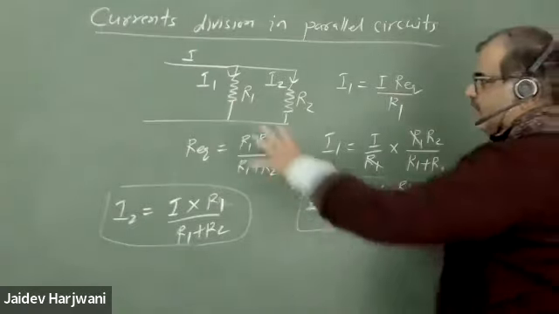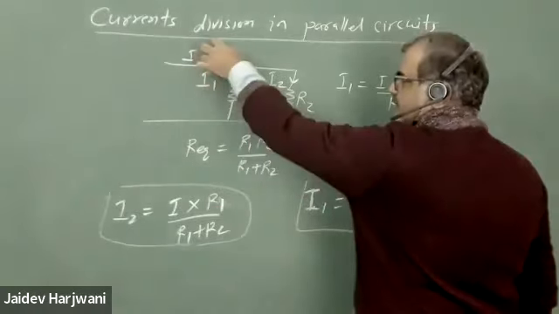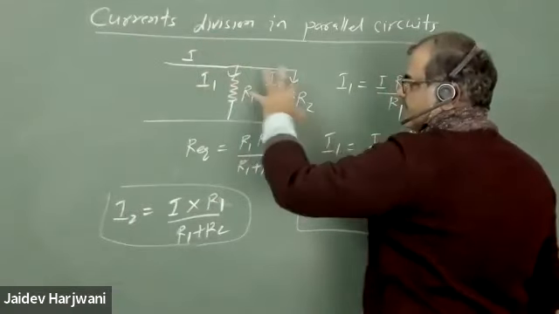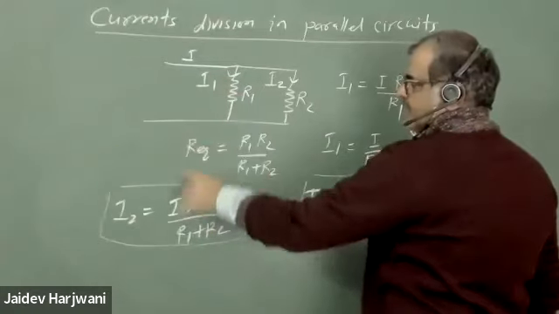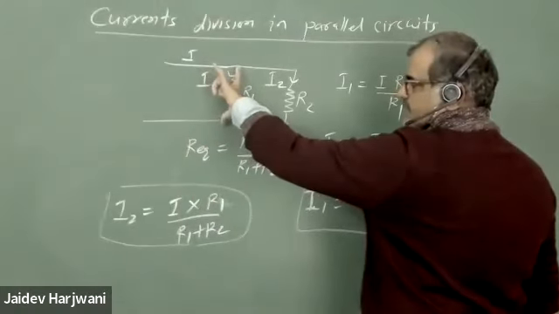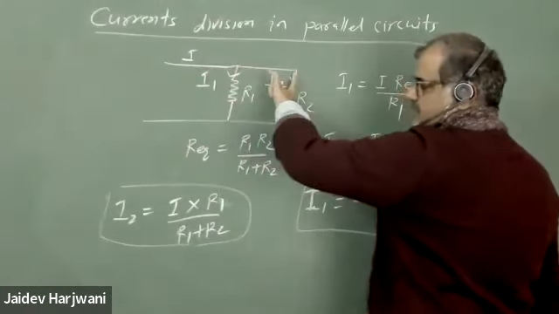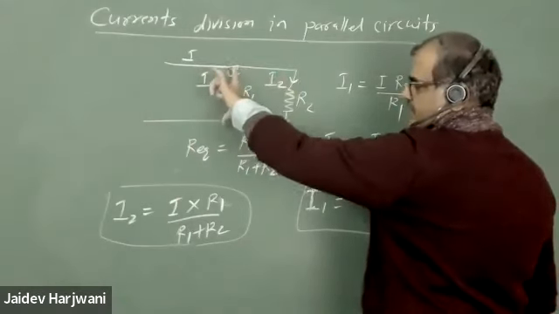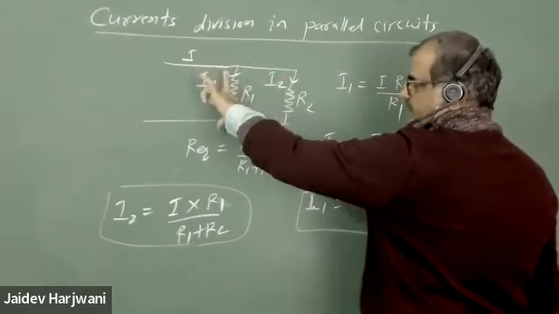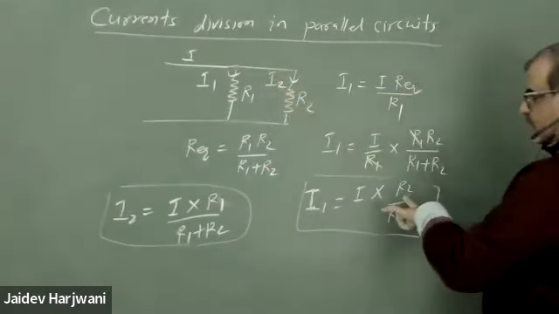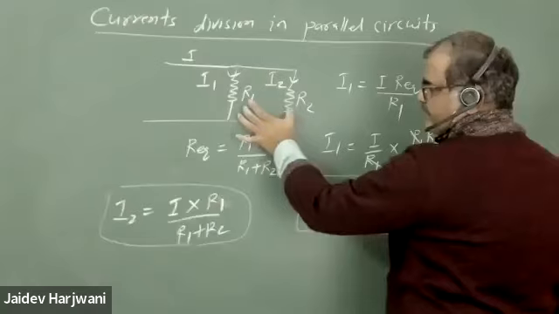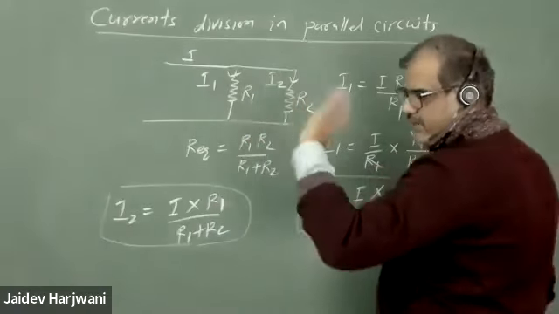Suppose some current is coming and you need to divide this current into two parallel circuits. You take the total current, and if you want the current in this branch, you take the resistance of the opposite branch. Are you getting my point? If you want I1, the current in the R1 branch, you take the resistance of the opposite branch R2, and then the simple algebraic sum of these resistances, not the parallel sum.